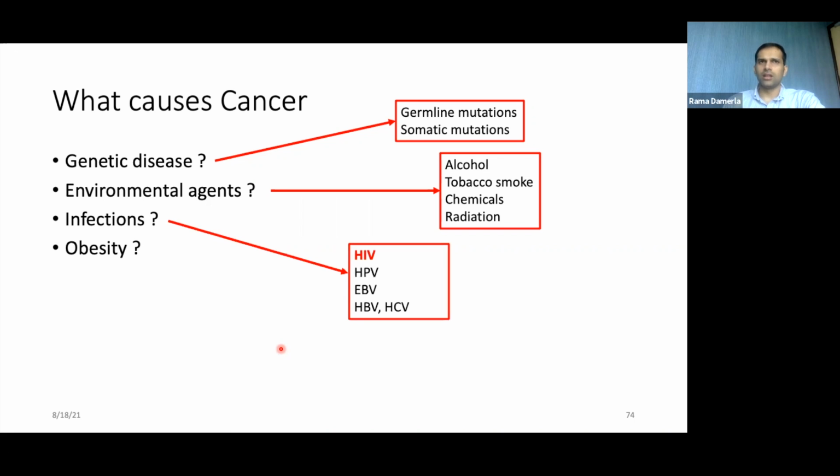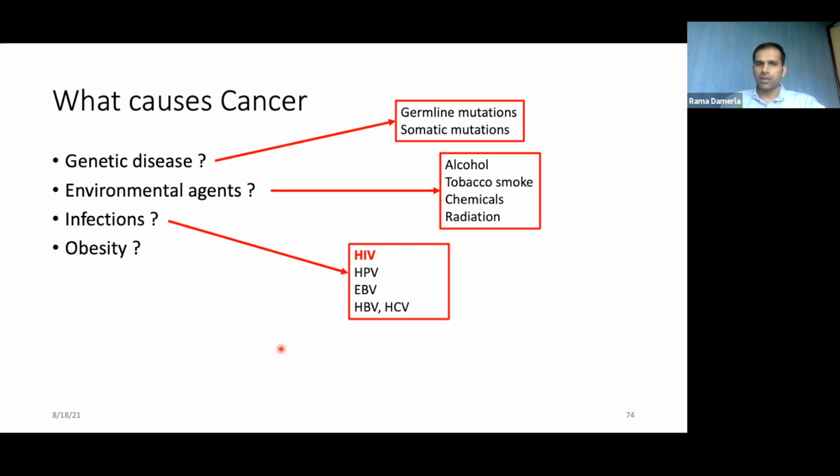Can infections cause cancer? Yes. HIV, which is human immunodeficiency virus, was discovered in some of the first patients who were homosexual men in the United States that came up with Kaposi sarcomas, and that was where a lot of research on HIV was occurring.